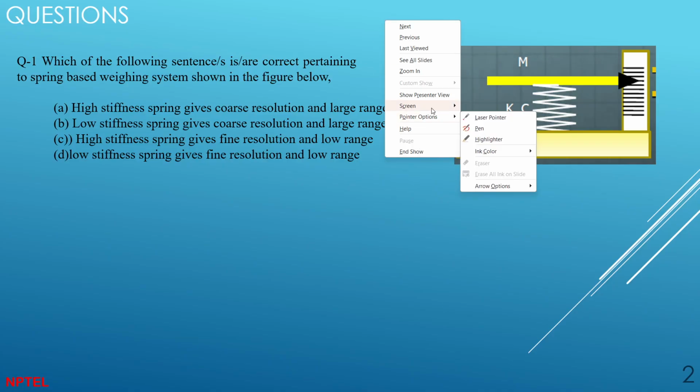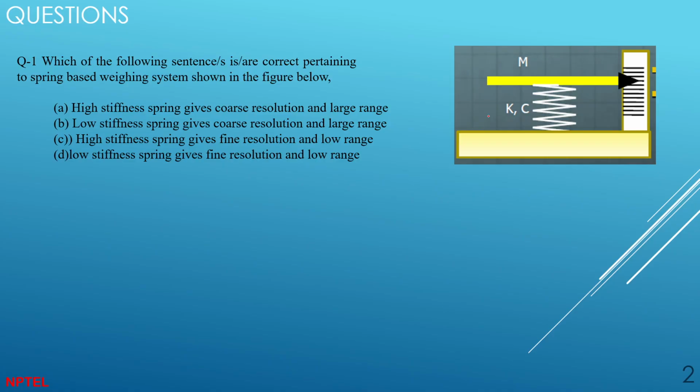It is given that you have a mass and a spring, and depending upon the stiffness, the more the mass, the lower the pointer points. This is 0 kg, 100 kg. With a higher mass the spring will deflect more, right?